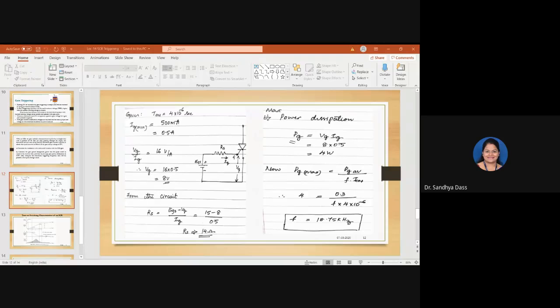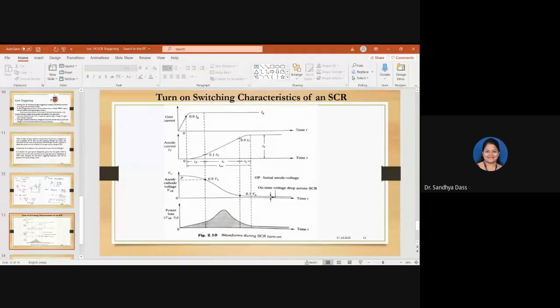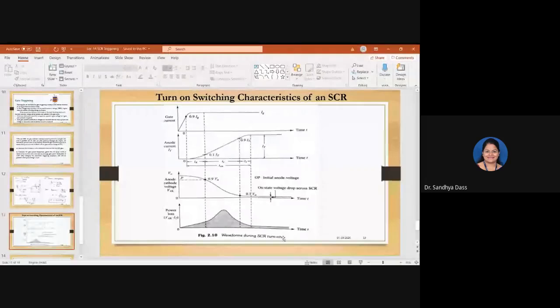Okay, now moving on. Let me call somebody to explain this turn-on switching characteristics. Raksha Kamath, can you come in? Yes, ma'am. Can you see the waveforms there? Is it clearly visible?